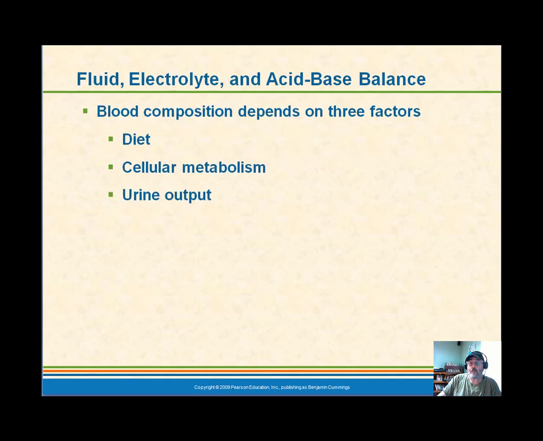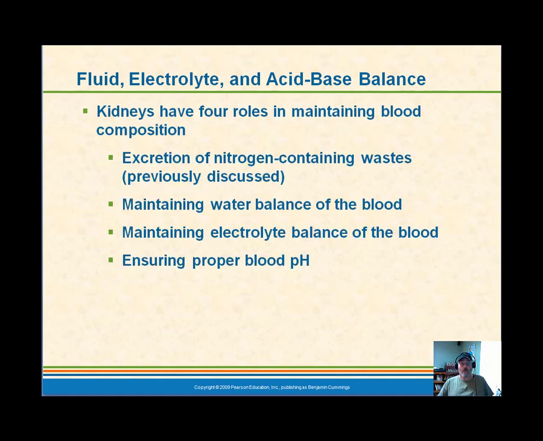Fluid and electrolyte balance then, blood composition depends on three factors: diet, cellular metabolism, urine output, and the constituents of that urine output. Now, kidneys have four roles in maintaining blood composition.